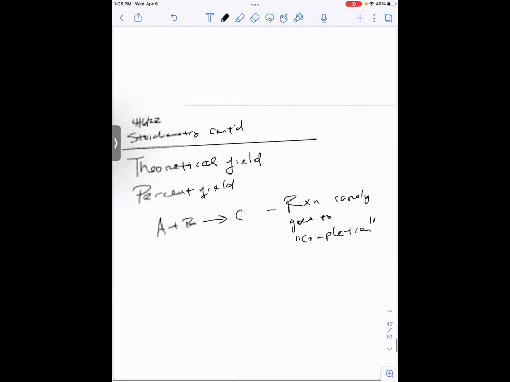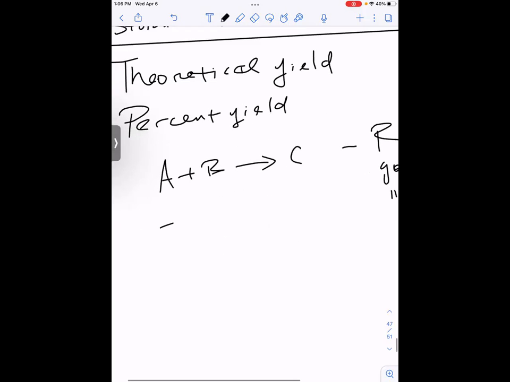One reason may be operator error. Maybe you were running a reaction and you dropped a little bit of one of your starting materials on the bench top. That's a legitimate reason for not having a 100% yield.